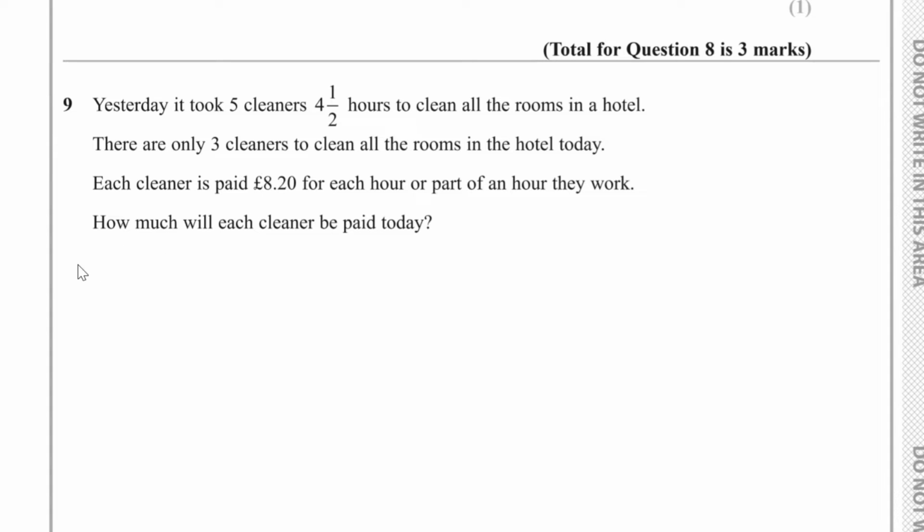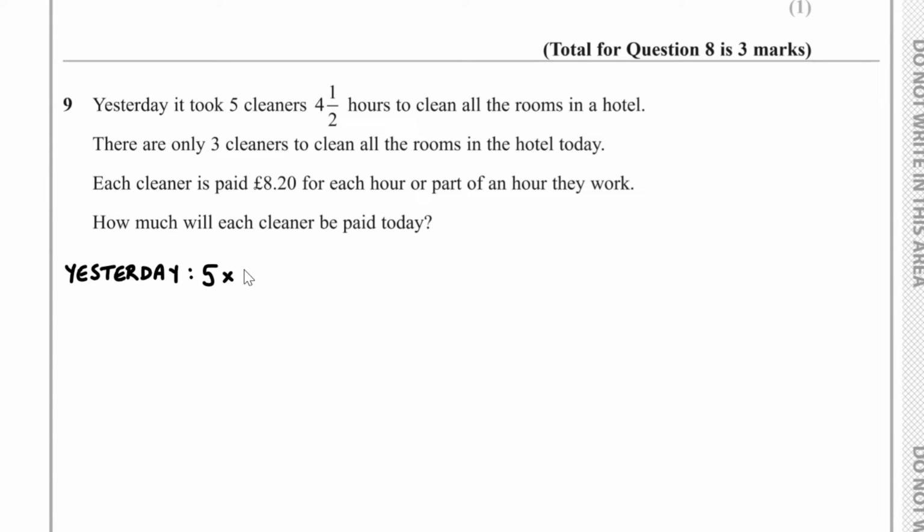Well, let's take a look at the situation yesterday. There's 5 cleaners and they take 4.5 hours each to clean the hotel. So therefore, with this information, we can find out how many hours it took to clean the whole hotel.